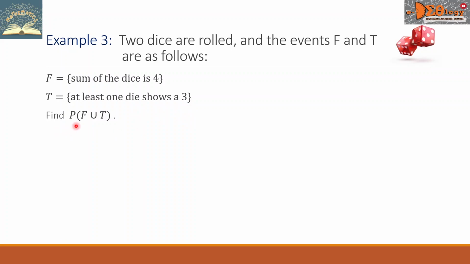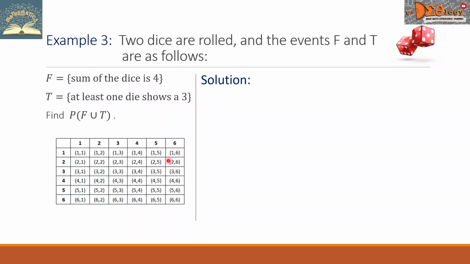Now, find the probability of F union T. Let us show the sample space when we roll two dice, and here it is. Note that there are 36 sample points in this sample space. Now we are going to list the sample points for events F, T, and F intersect T.